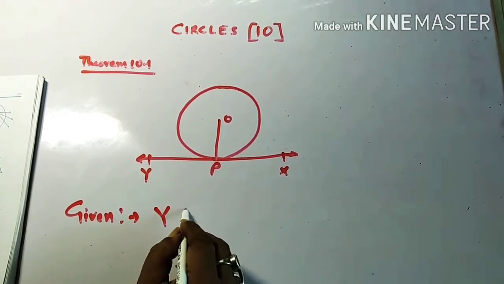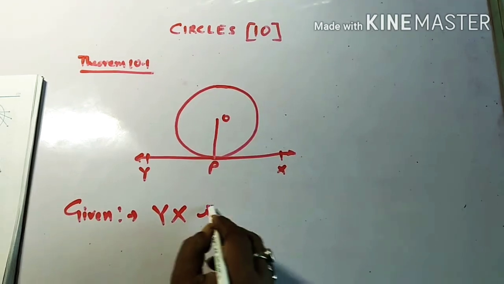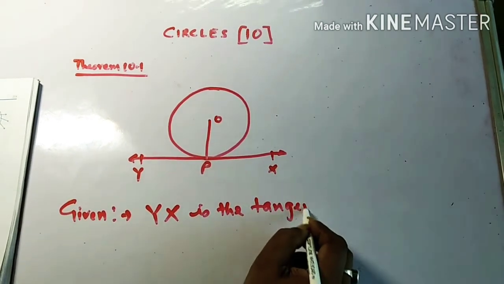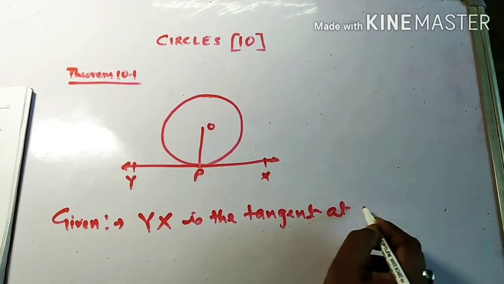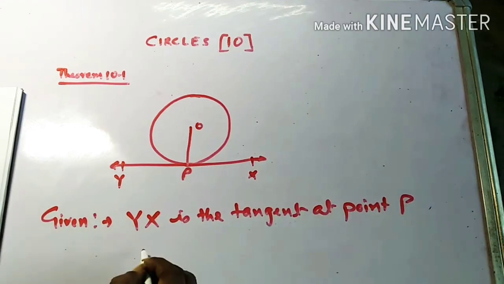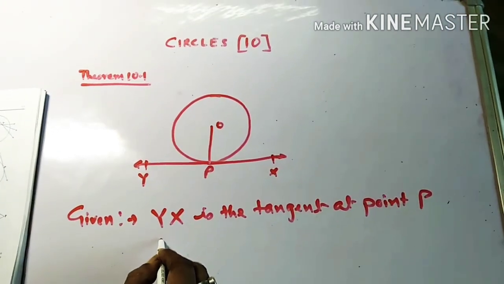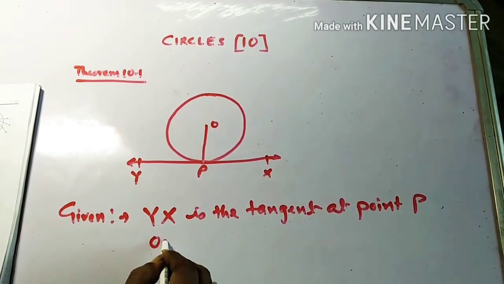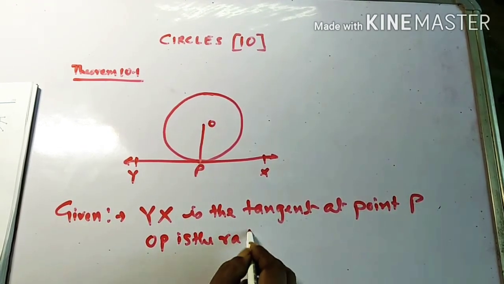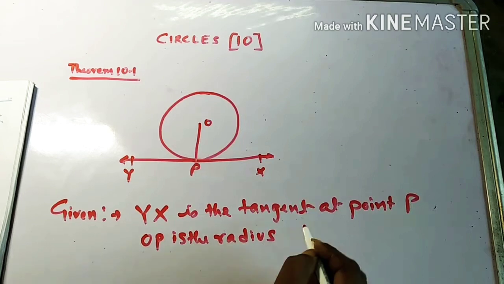It is given that YX is the tangent at point P. OP is the radius.